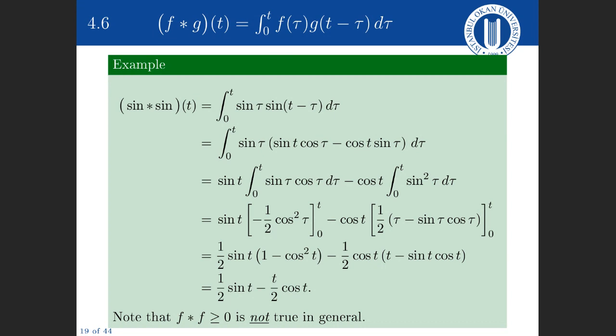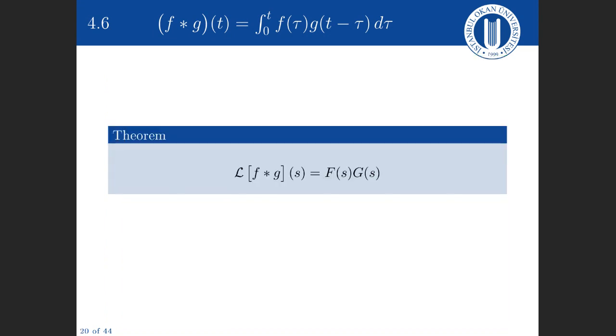F convoluted with f is not always positive in general, as this example shows. Now, why are we talking about the convolution of two functions in our differential equations course, in our Laplace transform section? Because of this very important theorem.